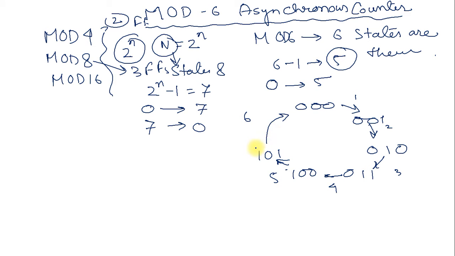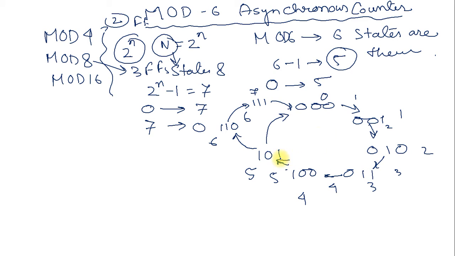So I have skipped 110 and 111. I am counting here from 0, 1, 2, 3, 4 and 5. After 5 I am again coming to the initial condition, that is 0. So I have skipped 6 and 7, which are included in the mod 8 counter.